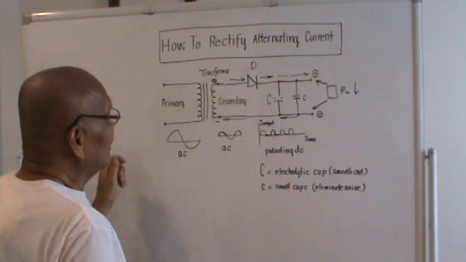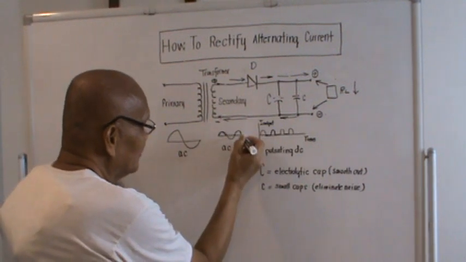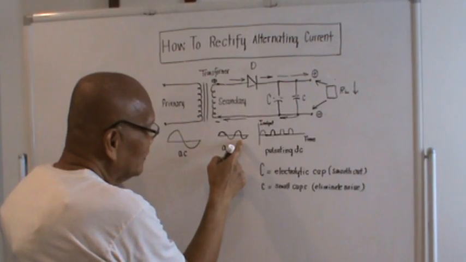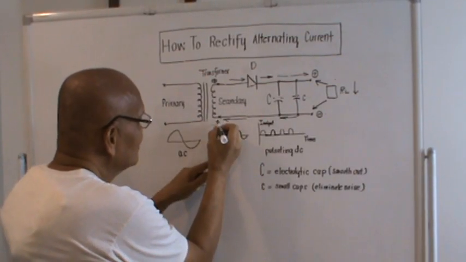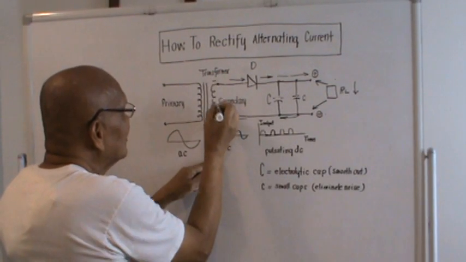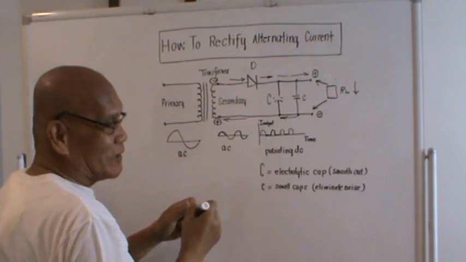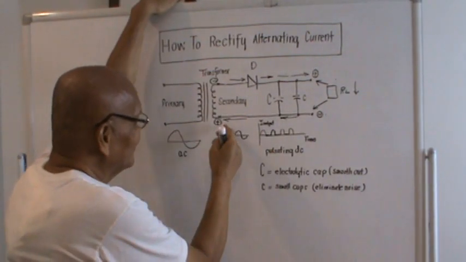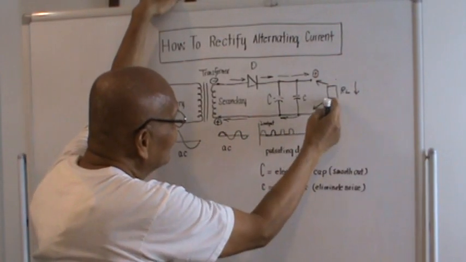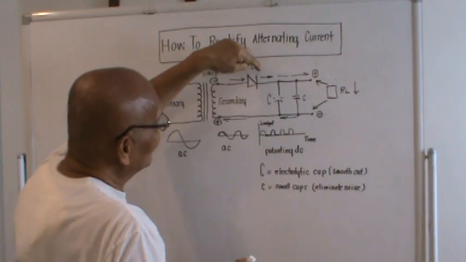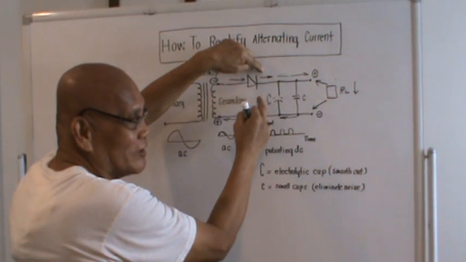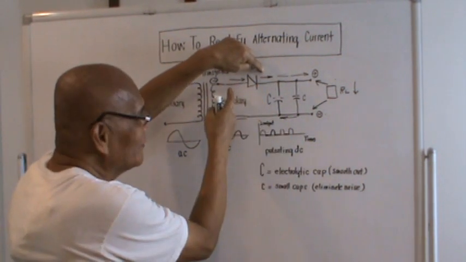Okay? And again, when the negative alternation comes out, this portion here, this will be plus and this will be minus, right? Like what I said a while ago, the current is supposed to follow this path here, but upon reaching this portion, it could not enter the diode because the diode will only pass current in one direction coming from this.